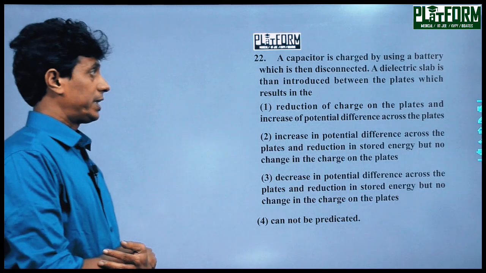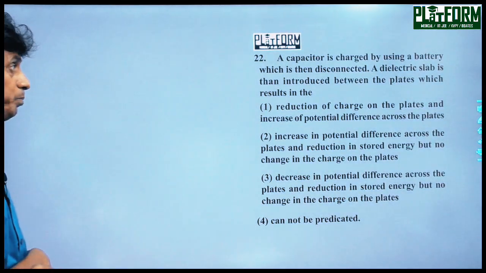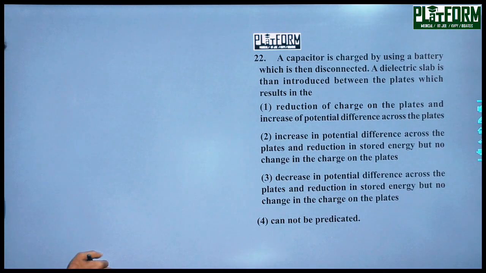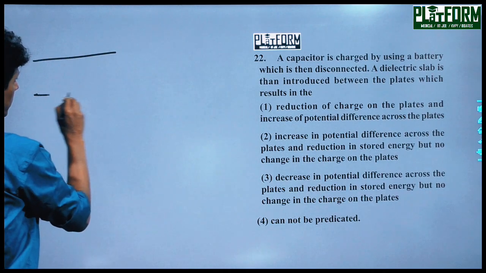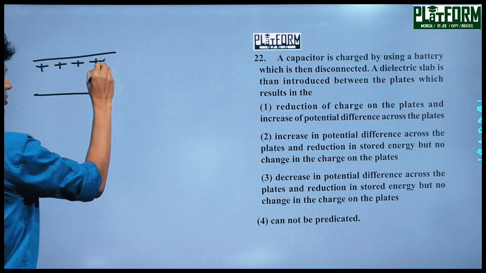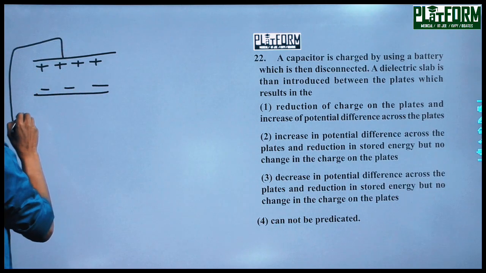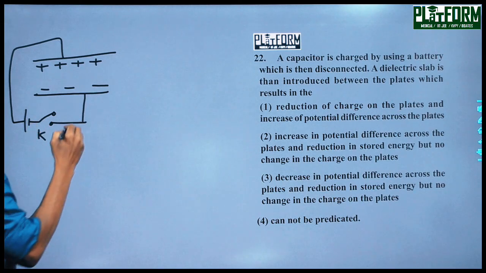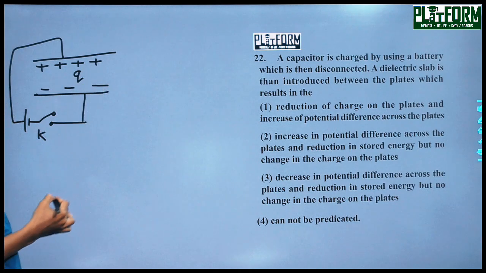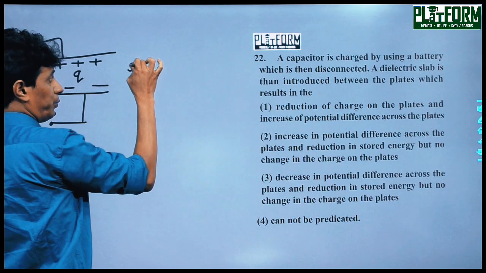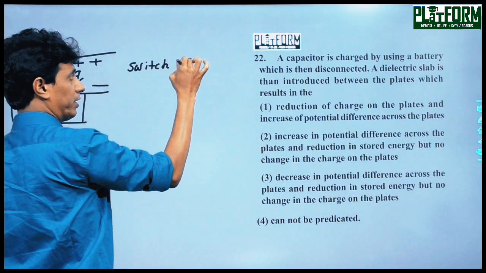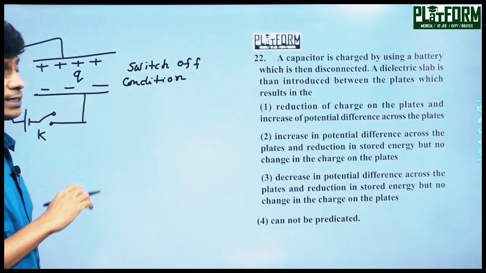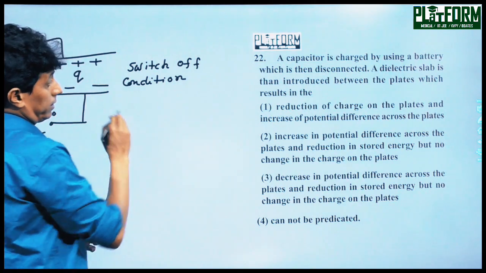A capacitor is charged by using a battery which is then disconnected. A dielectric slab is then introduced between the plates. The condenser is charged by a battery, that is, the charge in the condenser is Q. Since the battery is disconnected, we can say this is the switch off condition.